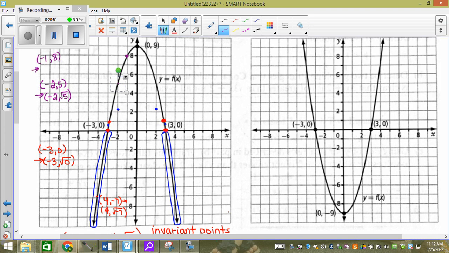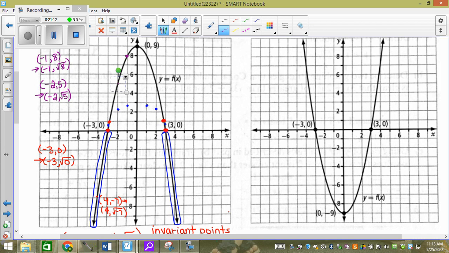What's it going to become? Negative 1 and root 8, which is 2 point something, because root 9 is 3. 2.82. So now I'm at negative 1 and 2.82, and then at positive 1 and 2.82 because it's the same thing.